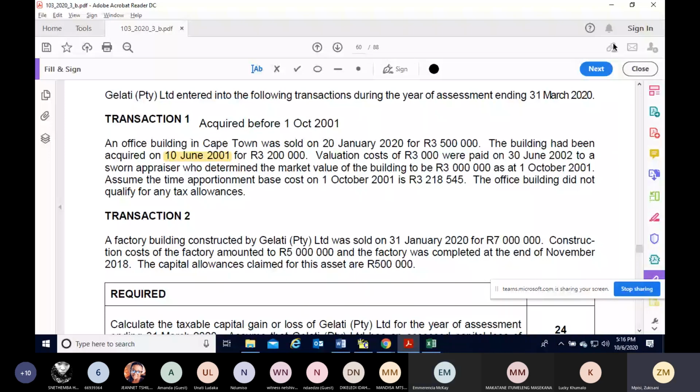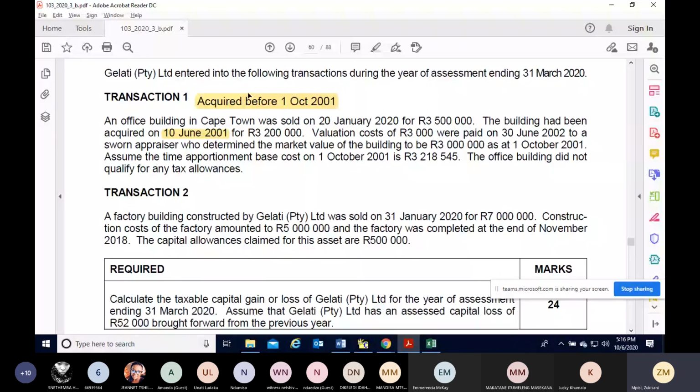So this is the first thing, and this is why it's important to be able to read the information. The building had been acquired on 10 June 2001 for 3,200,000. The valuation costs were paid on 30 June 2002 to an appraiser who determined the market value of the building to be 3 million as at 1 October 2001. Assume the time-based apportioned cost was 3,218,545.